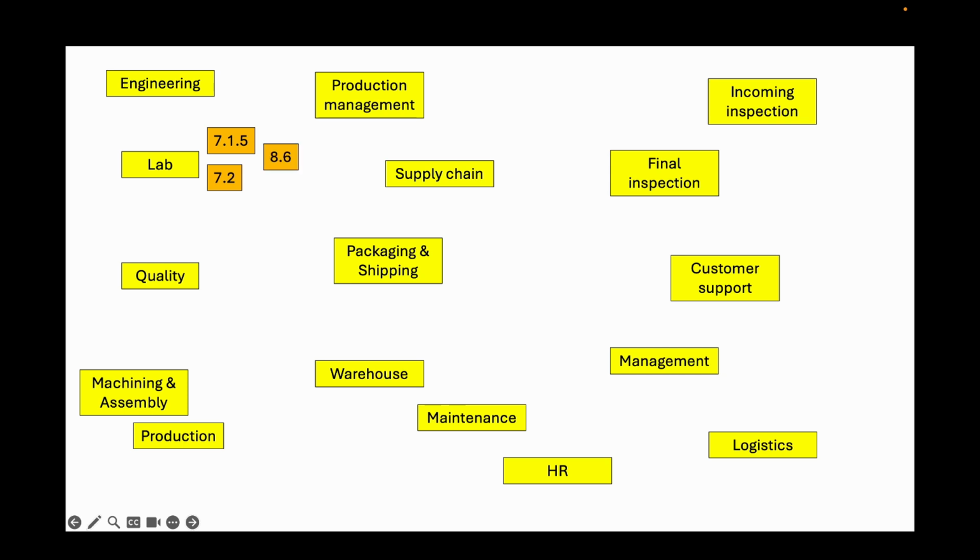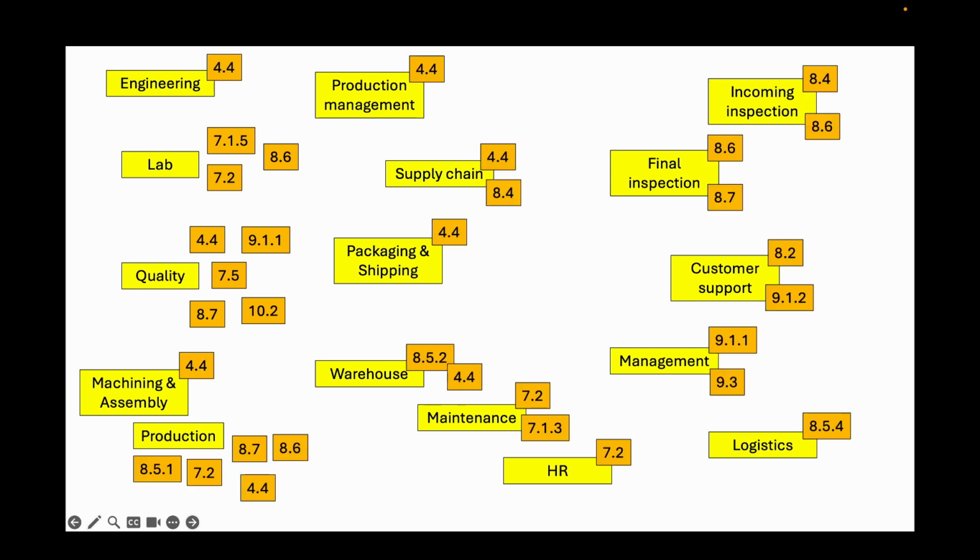In quality, I may want to review performance monitoring, control of non-conforming outputs, corrective action, process definition, and documented information. And so for all the others like this. For example, in production, I may want to review process control, competence, operational control, release, and non-conforming outputs.